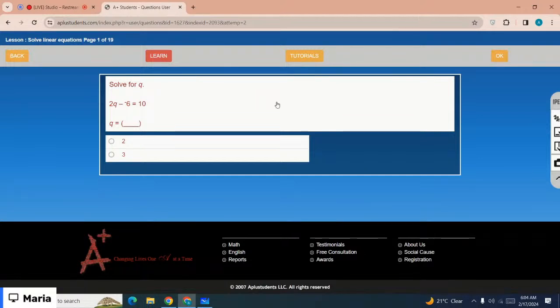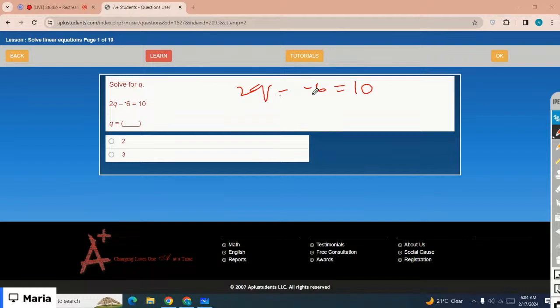Solve for q. 2q minus negative 6 equals 10, right? You have to solve this question for q. Subtracting a negative number is the same as adding, so that is 2q plus 6 equals 10.